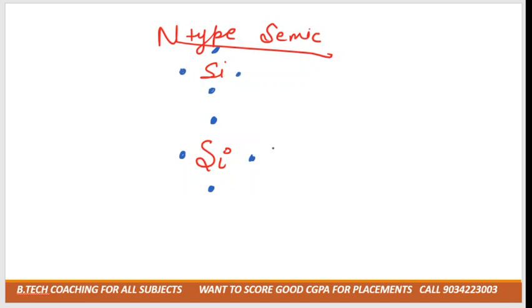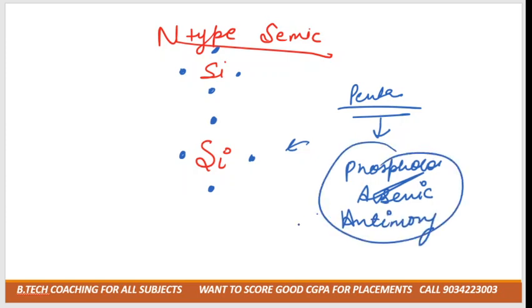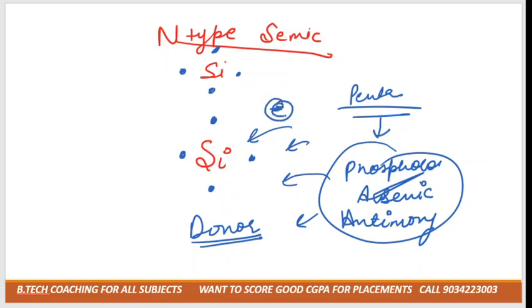Now if we add a pentavalent impurity, meaning 5 valence electrons, one example is phosphorus, another you can use is arsenic, and another is antimony, right? All these are known as donor atoms. You have studied this in the 10th class also. All these are known as donor atoms because they can give an electron. So four electrons will combine with the silicon, and one electron will remain extra, and that will be a free electron.